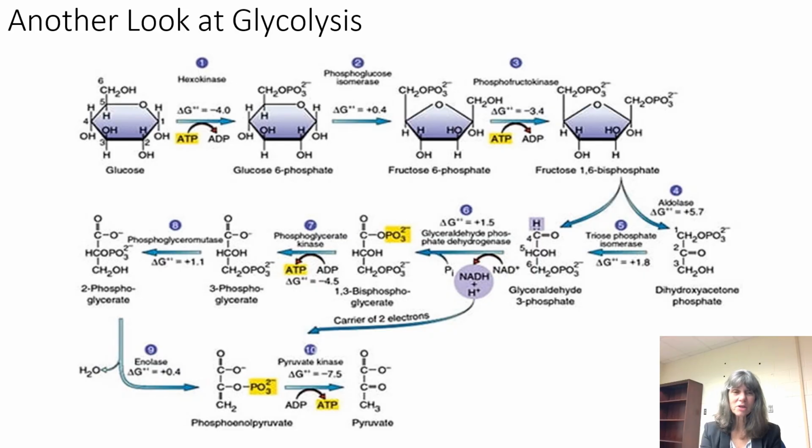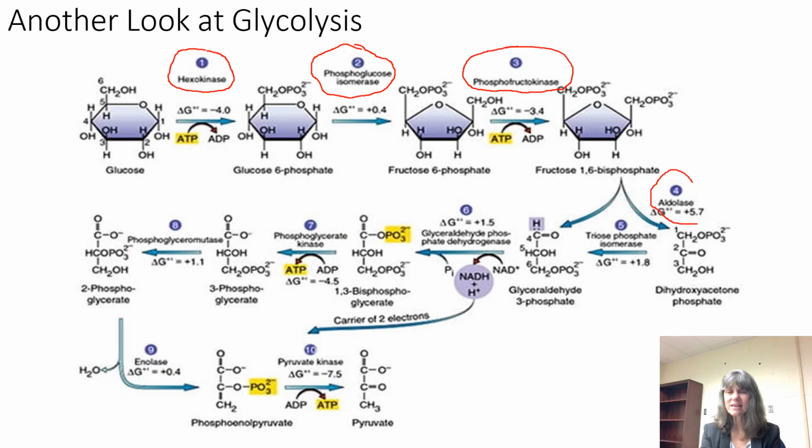Before we move on, I just wanted to point out that we require enzymes for these reactions to take place. So I'm just circling all of these different enzymes that are required in these chemical reactions, that without these enzymes, these reactions would not be occurring.